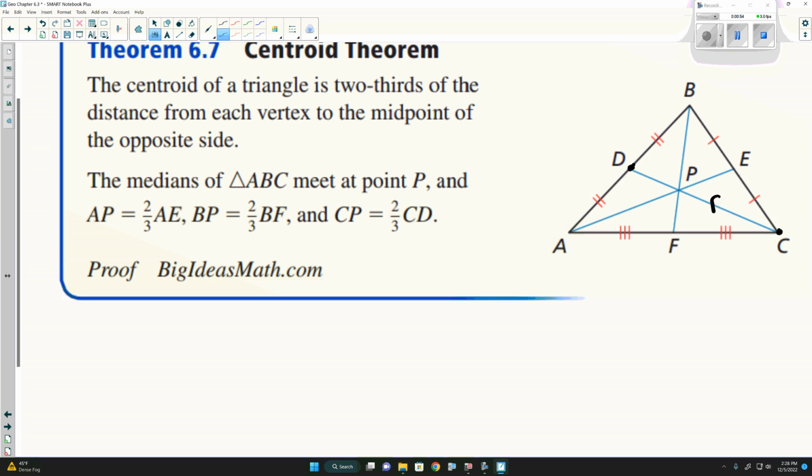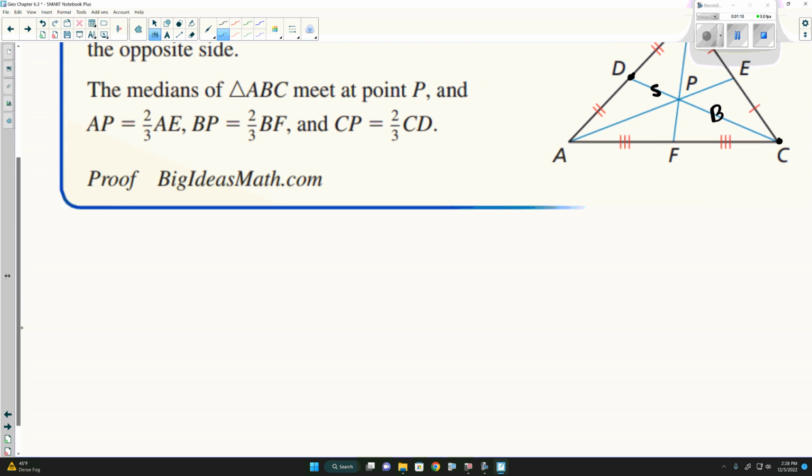Now, the big segment is going to go from the centroid to the vertex. The small section is going to go from the side to the centroid. The whole length: 2/3 of the whole is equal to the big side length, the bigger length from the vertex to the centroid.